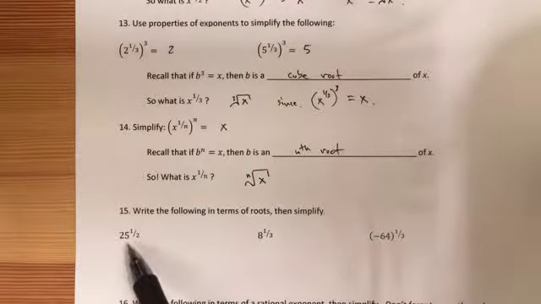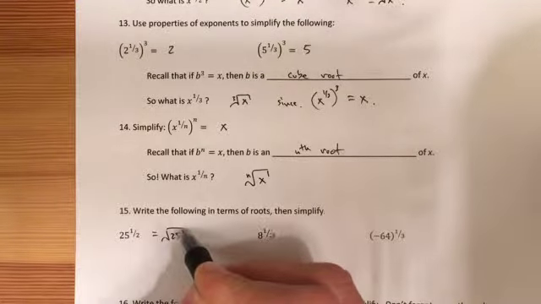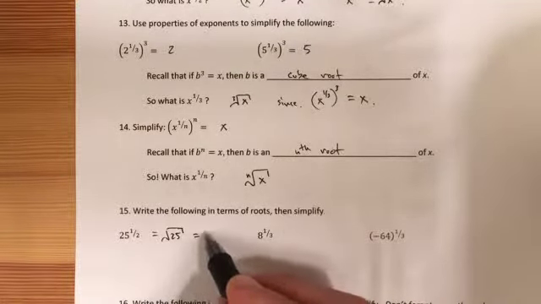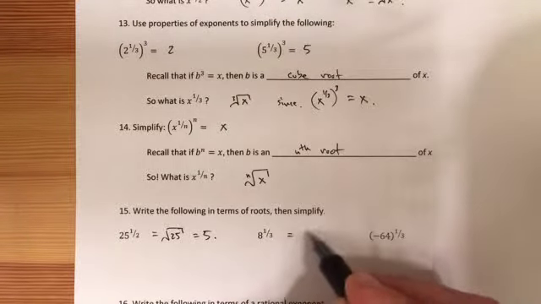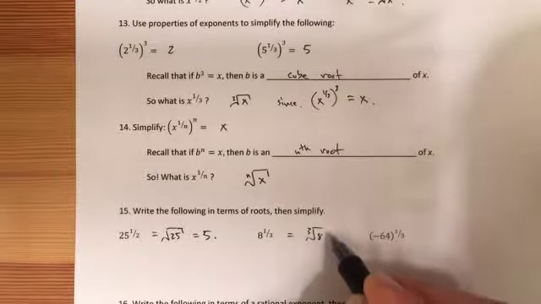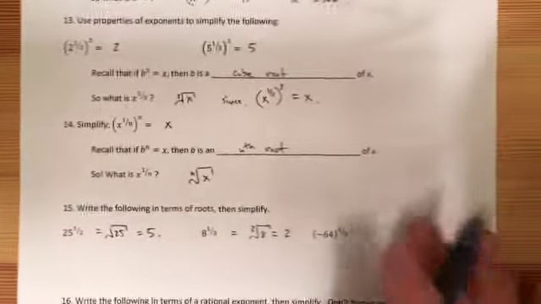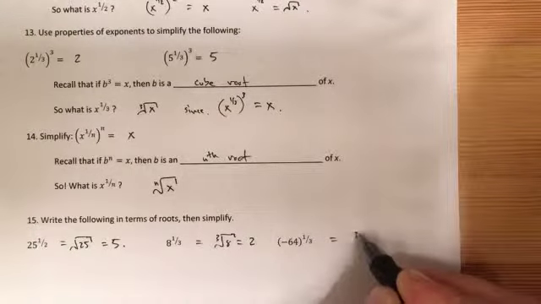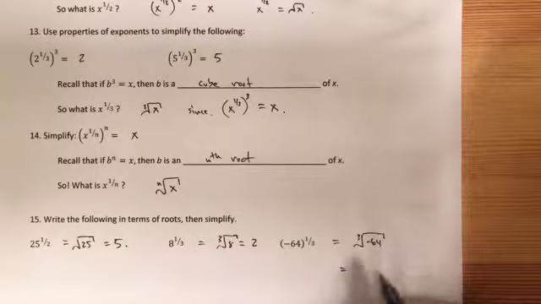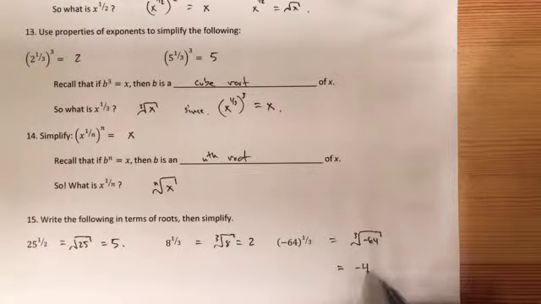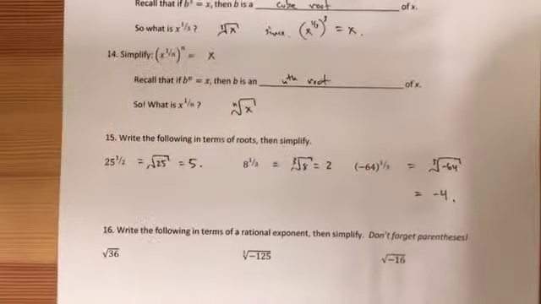So 25 to the 1/2, oh, that's the square root of 25, which is 5. 8 to the 1/3, oh, that's the cube root of 8, which is 2. Negative 64 to the 1/3, that's the cube root of negative 64, which is negative 4. So these fractional exponents are just roots.